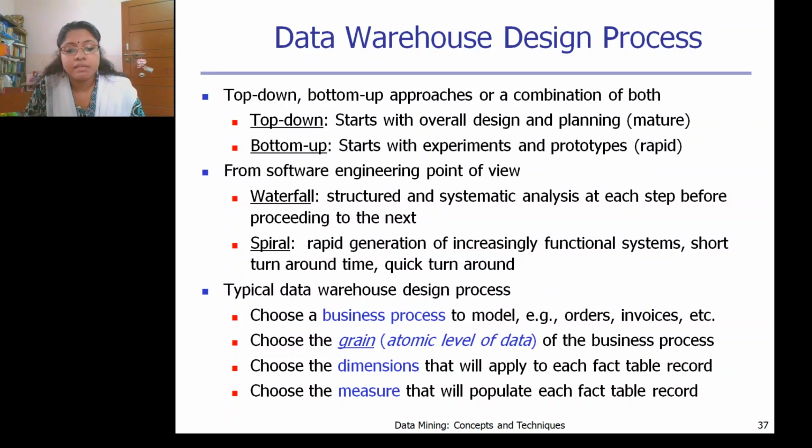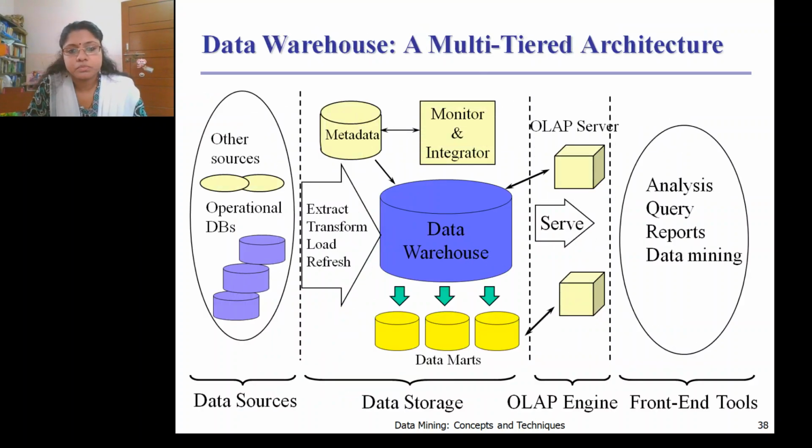Based on that we create the dimensions. We need to be cautious to choose dimensions that are significant to the business process, and also the measures. These are the important steps of the design process of the data warehouse.